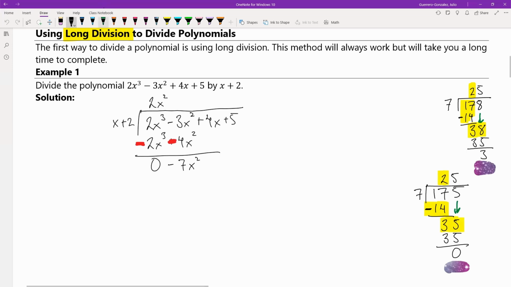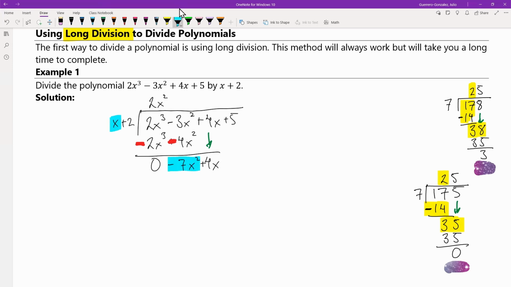Okay, and just like before, over here, in this one, we had to bring down the 8, and in this one, we had to bring down the 5, right? Same thing happens here. We're going to have to bring down the 4x that's here, plus 4x. Okay? All right, and at this point, it's rinse and repeat.